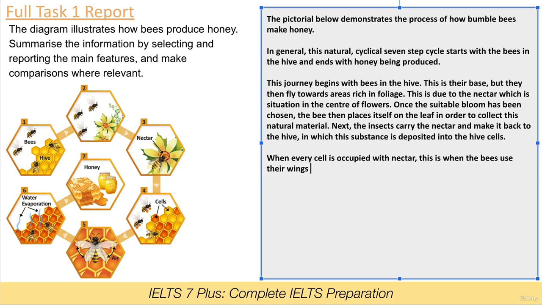This is when the bees use their wings rapidly. Well, this is where, before they use their wings, they sit on the nectar, don't they? So this is when the bees place themselves on top of the hive over the filled cells.